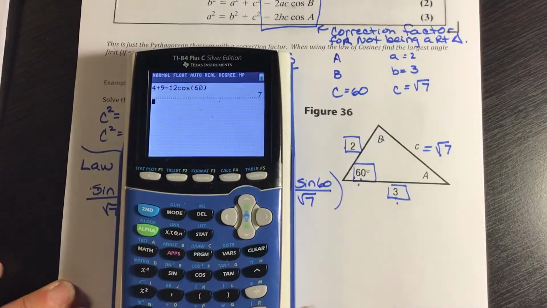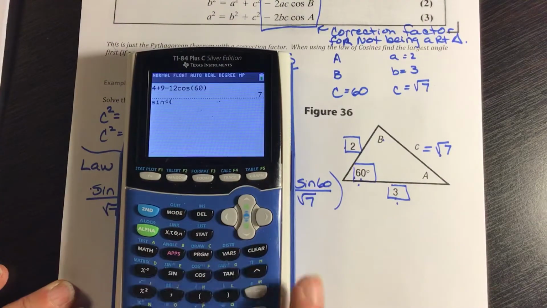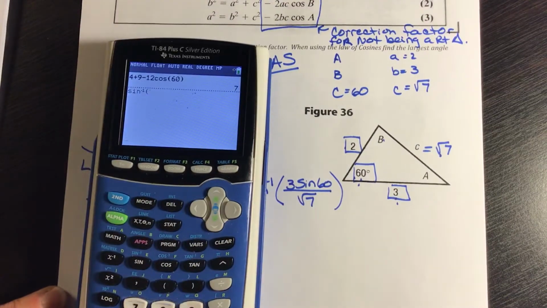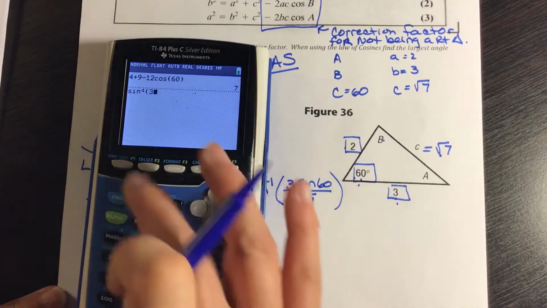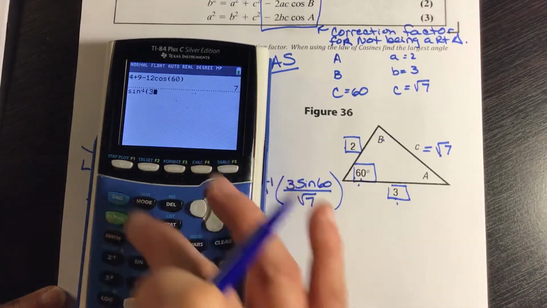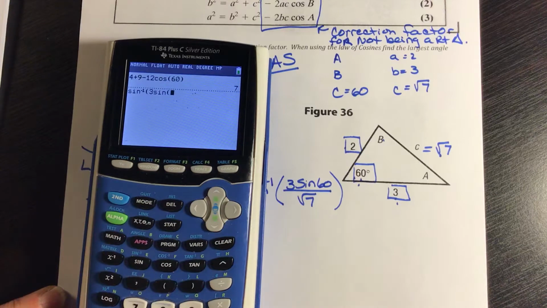So if I do inverse sine, and then I just do 3 times, oops, I don't need an inverse, sine 60 divided by the square root of 7.